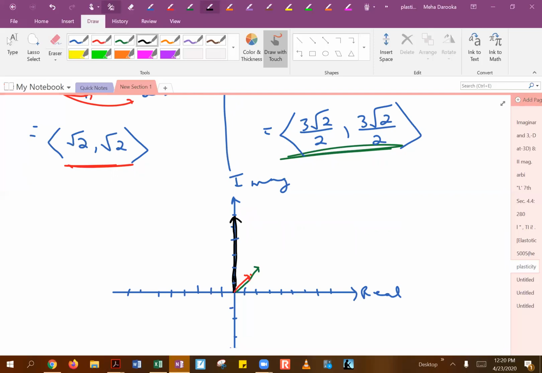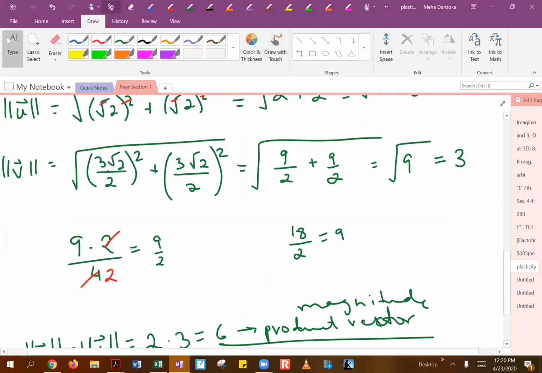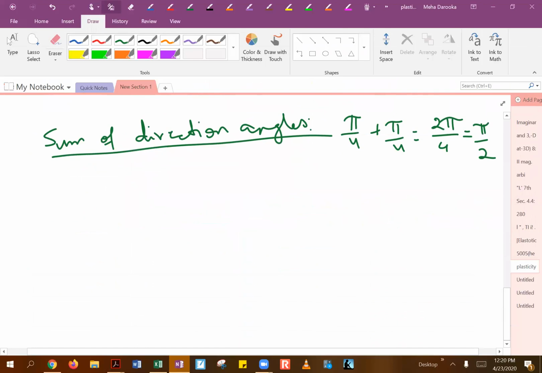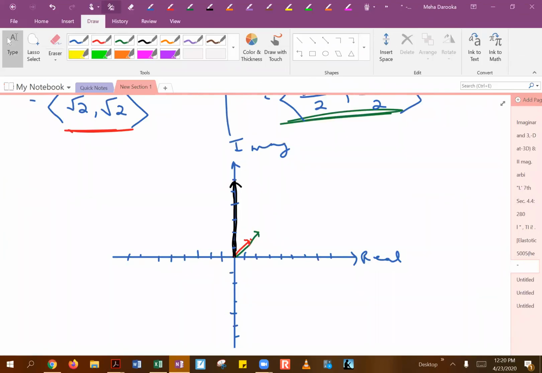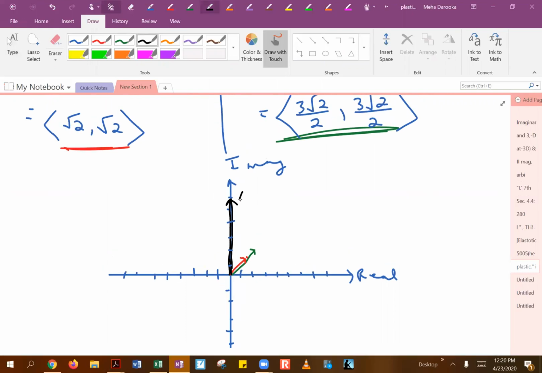Now, if we had to write this down in standard form, what would we write this product vector as? You would write it as (0, 6). Alrighty, and then as a complex number in standard form?